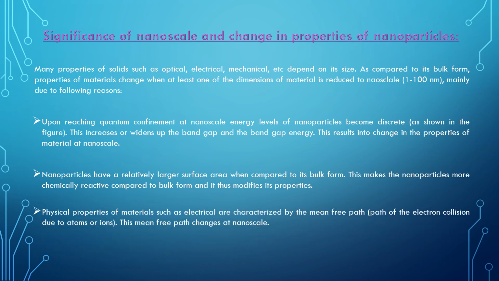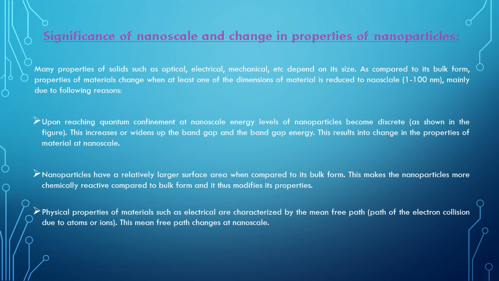Third reason, the physical properties of a material, such as electrical, are characterized by the mean free path. Do you know what the mean free path is? It is the path of an electron between collisions with atoms or ions inside the element.